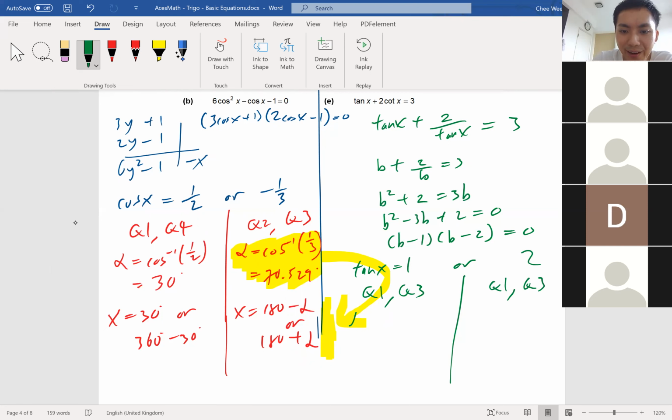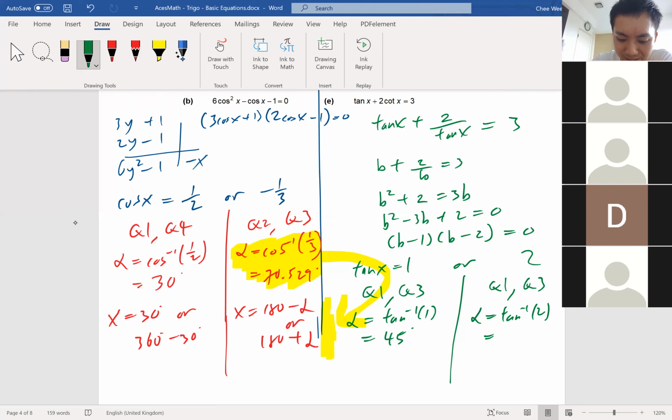So alpha is arctan 1. Arctan 1 is equal to? That's equal to pi over 4. Oh wait, I'm in radian mode. Sorry. So it's 45 degrees.